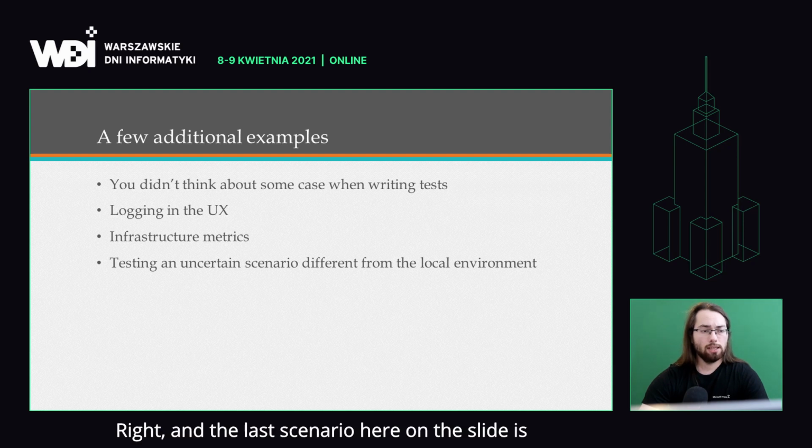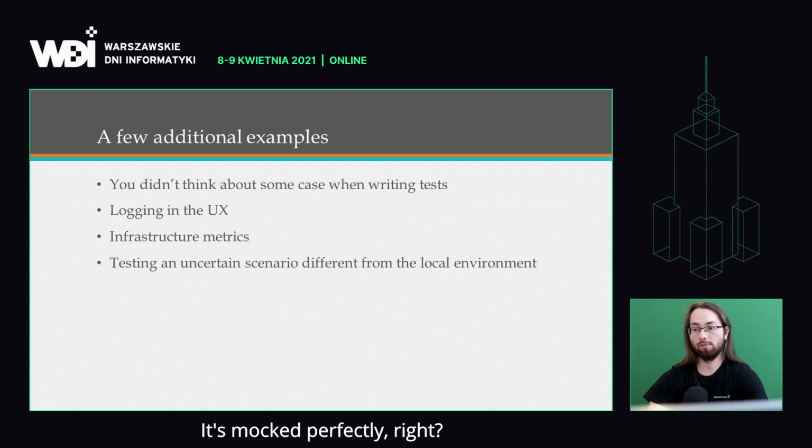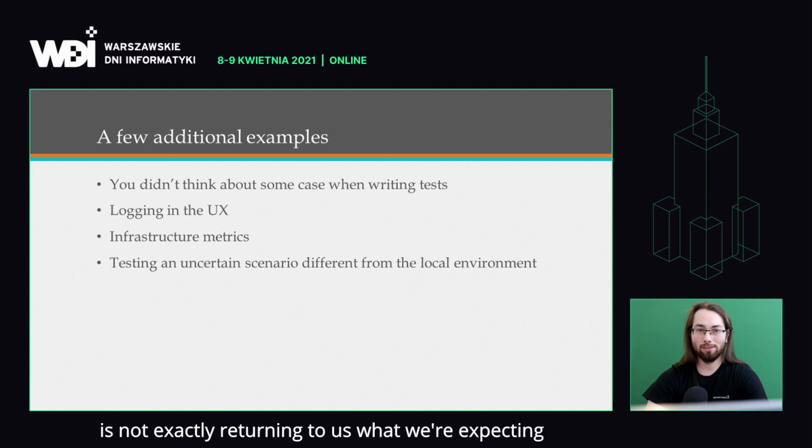Right, and the last scenario here on the slide is I have a feature working locally. It's mocked perfectly, right? But then in the production environment, it turns out that the external API that we're calling is not exactly returning us what we're expecting.